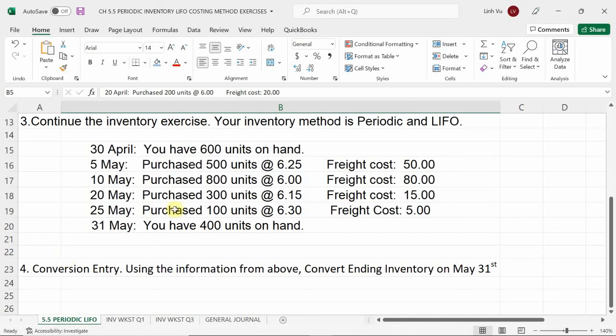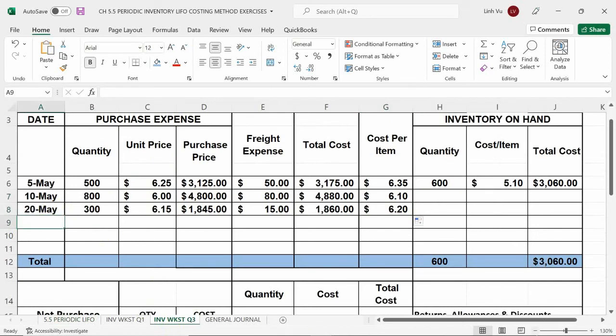Oh, we forgot to do the journal. Oh well, it's okay. May 25th, the purchase is going to be 100 units at $6.30 each with a freight of $5. So again, purchase 100 units at $6.30 with a freight of 5.